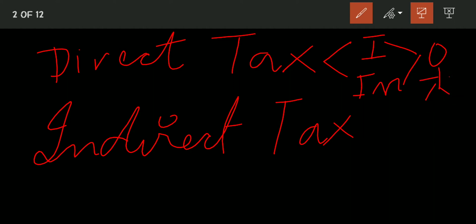It means it has to be paid by the person on whom the tax is imposed. But in indirect tax, the impact and incidence lie on different persons.